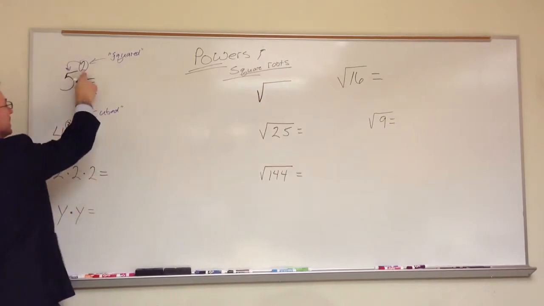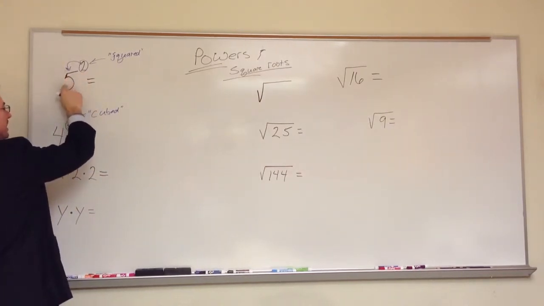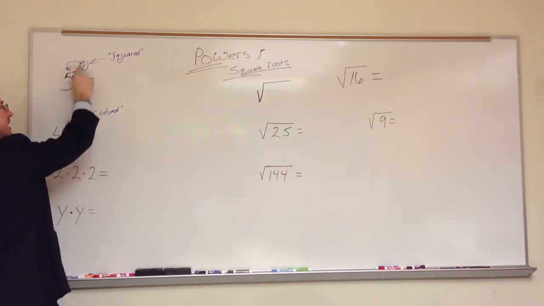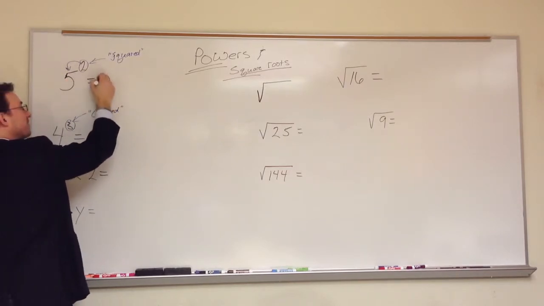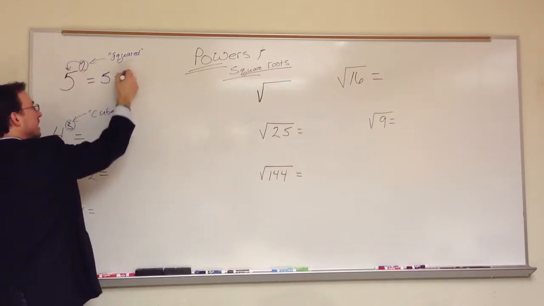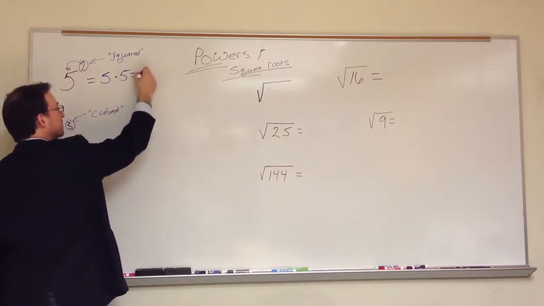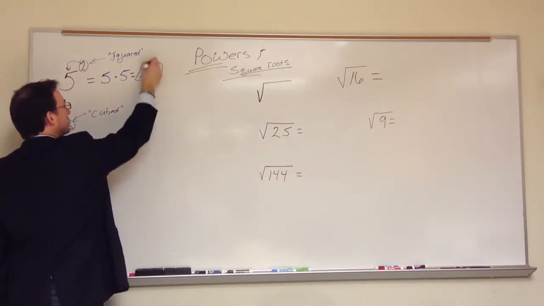So this one says, take yourself, number 5, times your own self, the numerical value that I have. And I have a 2. I'm a 2, so I'm telling you to take yourself times your own self, multiply it yourself twice. So that would be 5 once times 5 twice, and that would actually be 25.